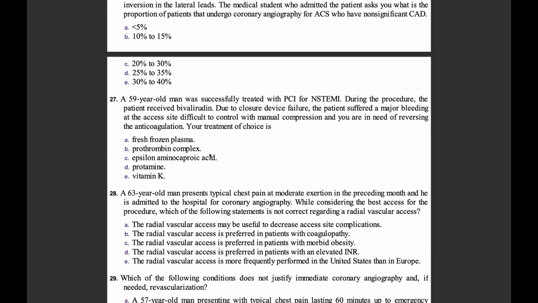Your treatment of choice is A, fresh frozen plasma, B, prothrombin complex, C, epsilon aminocaproic acid, D, protamine, E, vitamin K. From these options, we know vitamin K is antagonist for warfarin, protamine sulfate for enoxaparin.